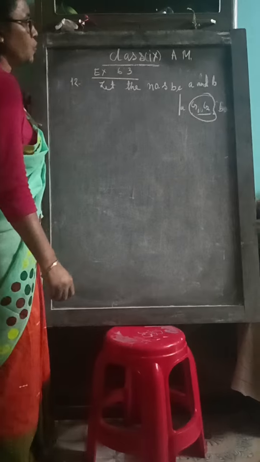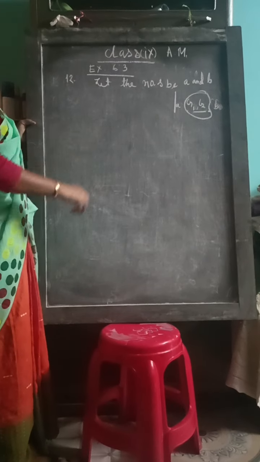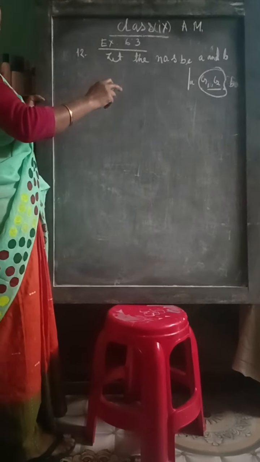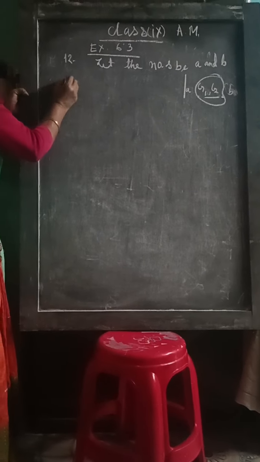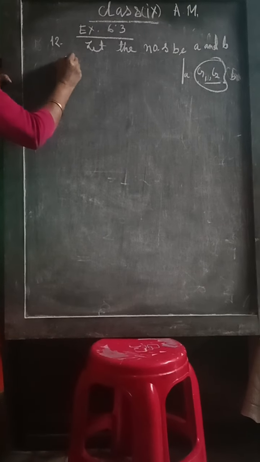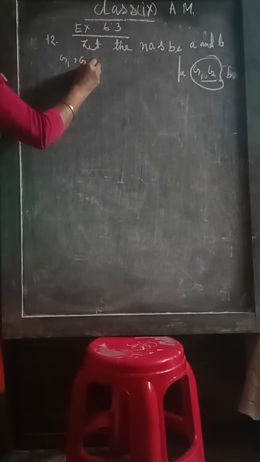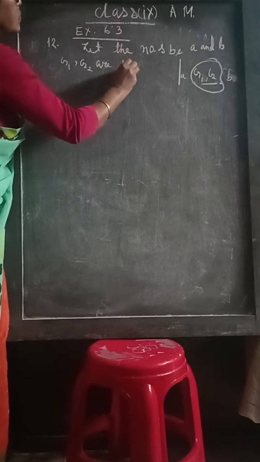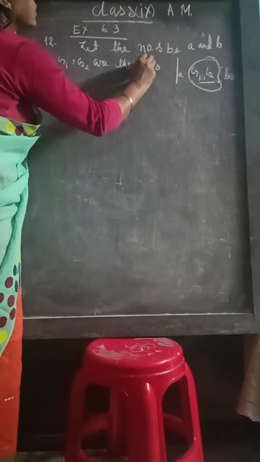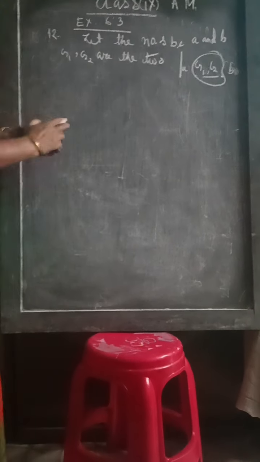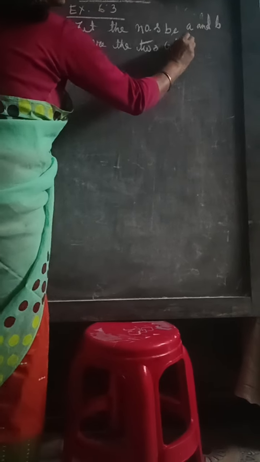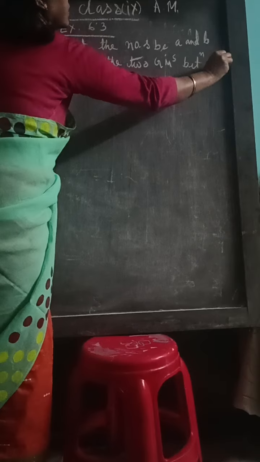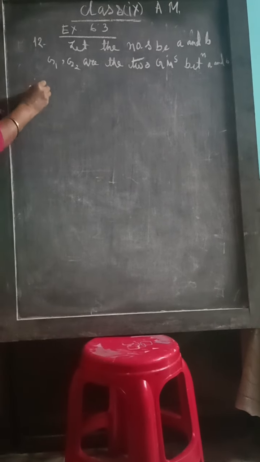Therefore, we already know that second term divided by first term is equal to third term divided by second term. Here write: G1, G2 are the two GMs between A and B. Therefore, what you have to write?